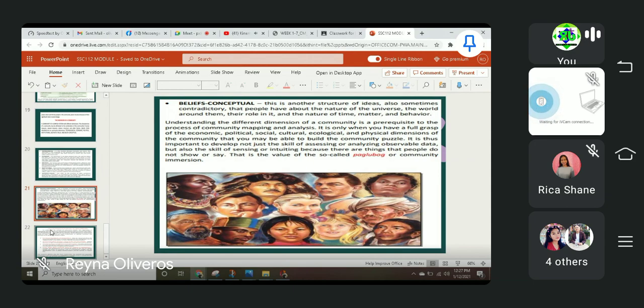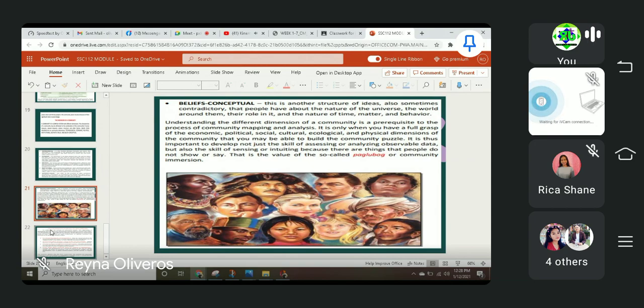It is thus important to develop not just the skill of assessing or analyzing observable data, but also the skill of sensing and intuiting because of these things.